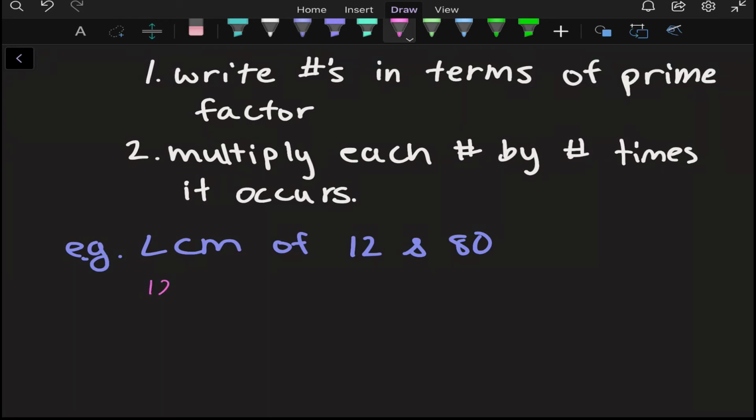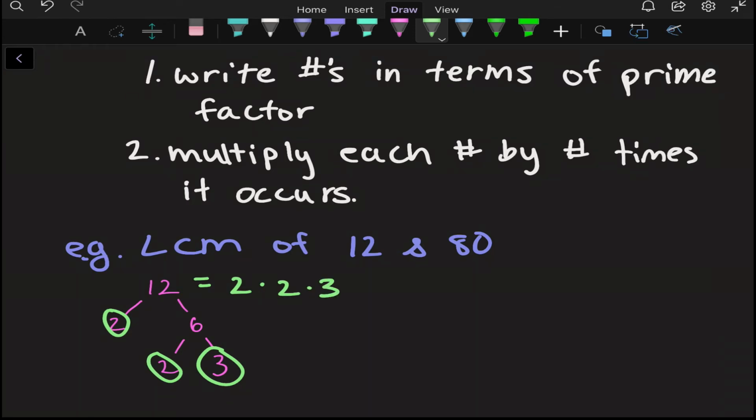First I have 12, and the prime factors of 12, if I were to do a tree, 2 times 6, 2 times 3. So here's my tree. Now I'm going to use 2, 2, and 3. So 12 is equal to 2 times 2 times 3.